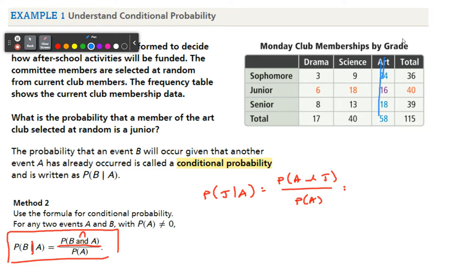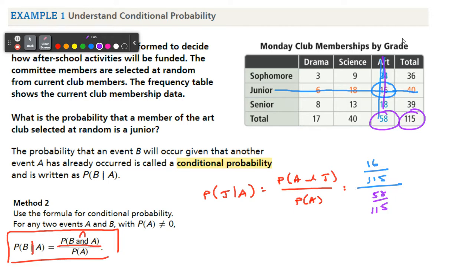A and J overlap here at 16. So I would do 16 out of everybody. And then to find the probability of just A, I would use the total of A, 58, out of the grand total again, 58 out of 115.